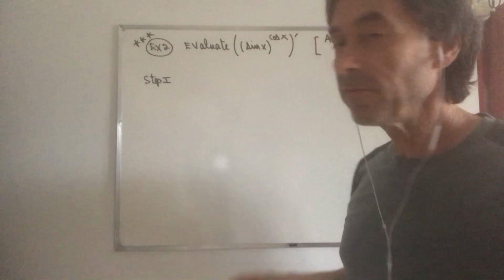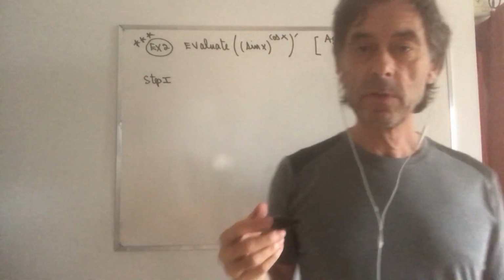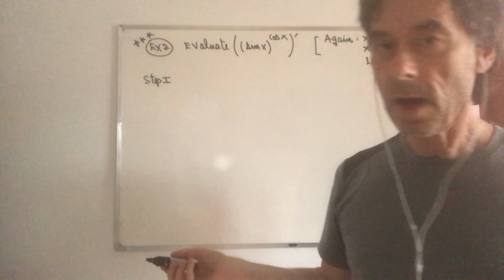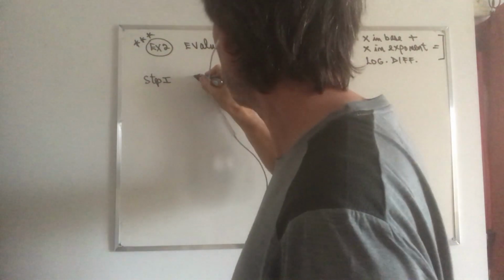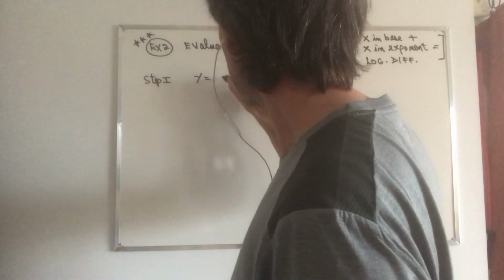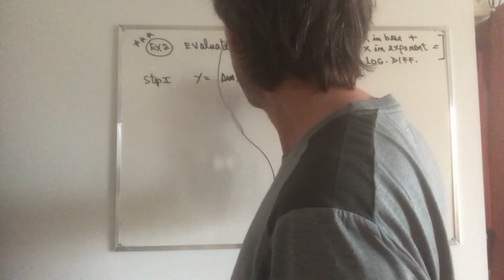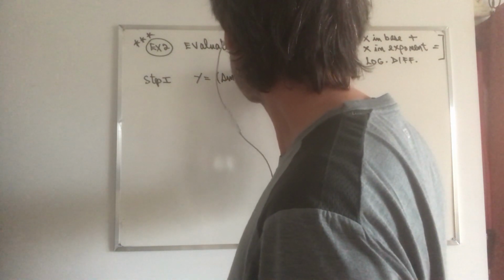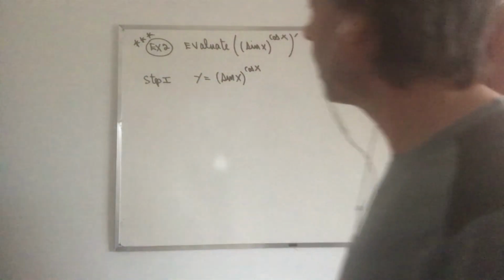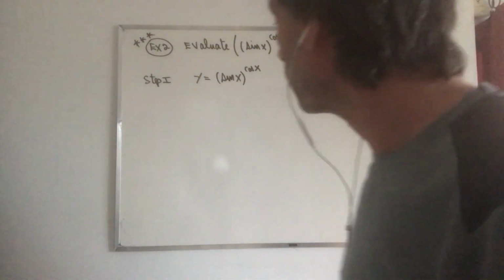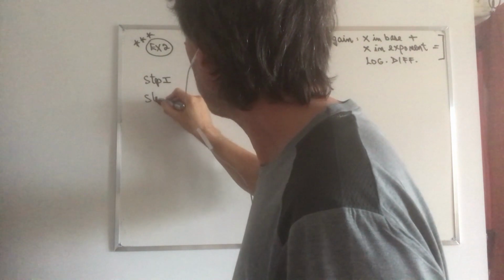Step 1, whatever function that you're supposed to derive, you need to call it another name. Y will do the job, so call it y. Sine x to the power of cos x. That is my y. Good. Step 2. What do we do in step 2?